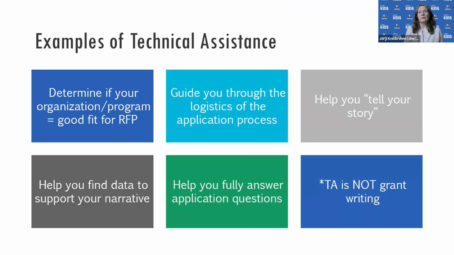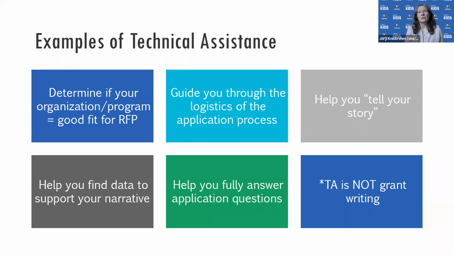So here are a few examples of TA. It can come in many forms depending on the needs of your organization. Some examples are that the TA providers can help you determine if your organization is a good fit for a particular RFP. They can help you think through your suitability for it so that you don't put a lot of time into an application process that might not be right for you.